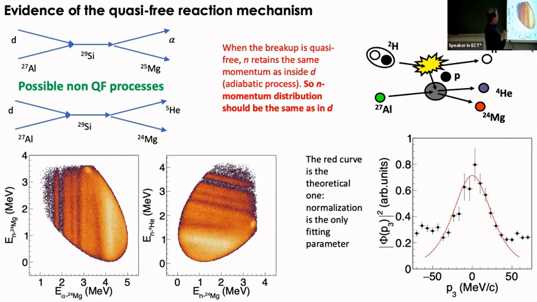We have to check that you don't have spurious contributions, as we saw before. So you have to make sure that you don't have these non-quasi-free processes, like population of some silicon-29 compound system. What we can do for this check is make this plot of relative energies. If you had, for instance, resonances in magnesium-25, you should have horizontal lines, and you don't see them.